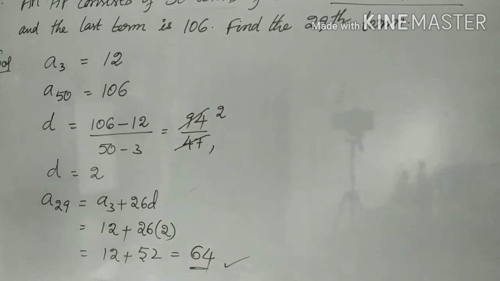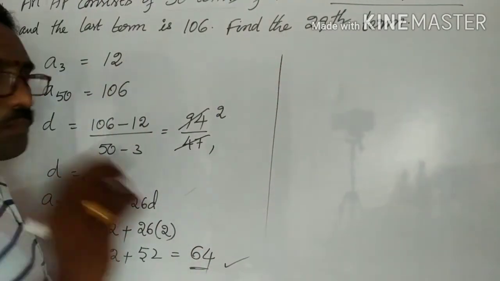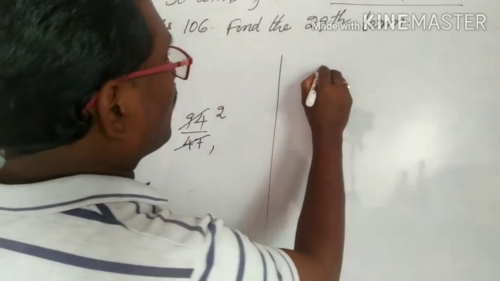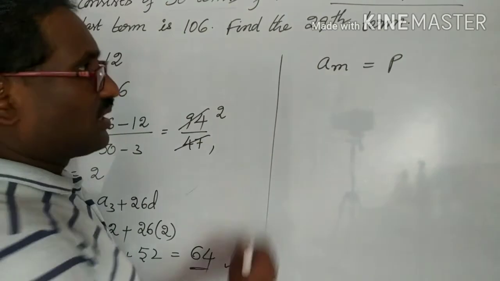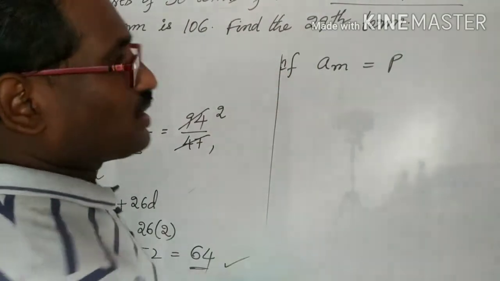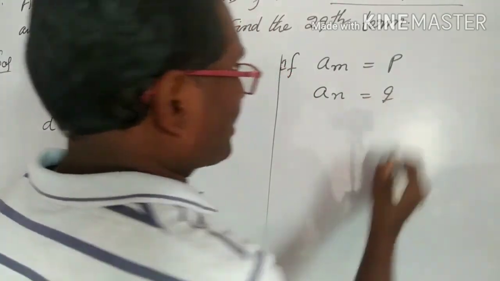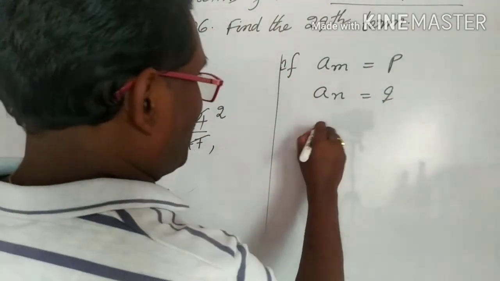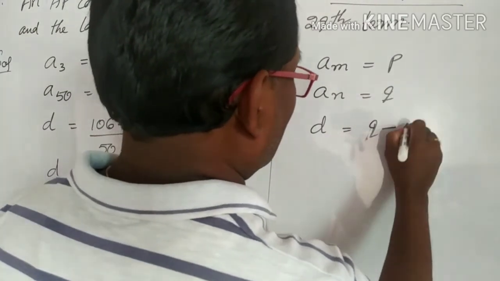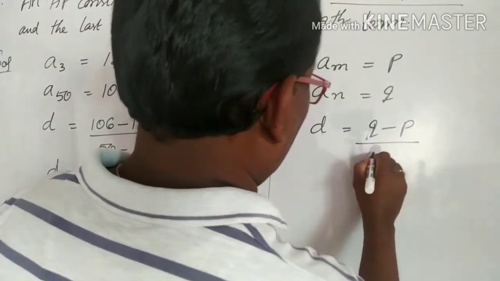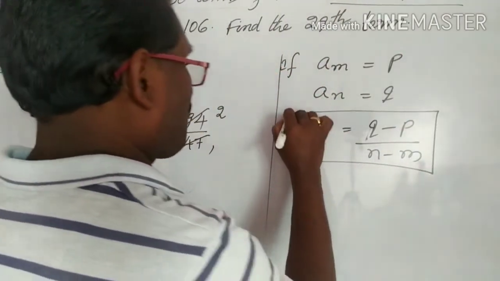This formula also one time write here beside. This is useful. Suppose the mth term AM is equal to P, and AN is equal to Q, then common difference D is equal to Q minus P by N minus M. This is the common difference formula.